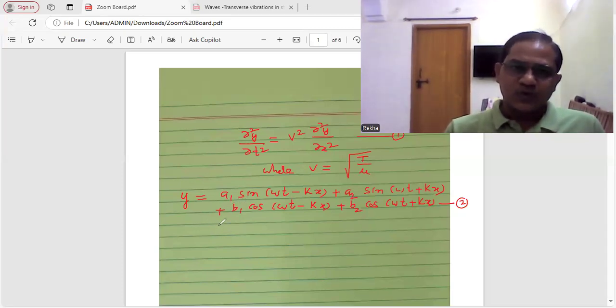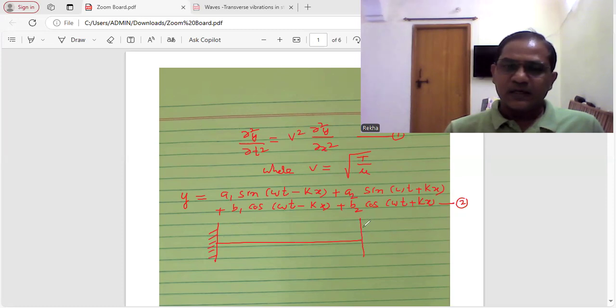Now, what we consider here: we have considered a string of length L, which is stretched between two fixed ends. The first end is at x is equal to 0. The second end position, we can write x is equal to L, because the length of the string is L. The two ends are fixed, right?